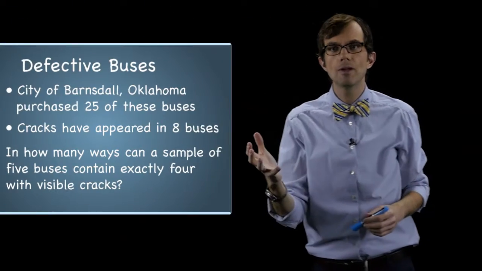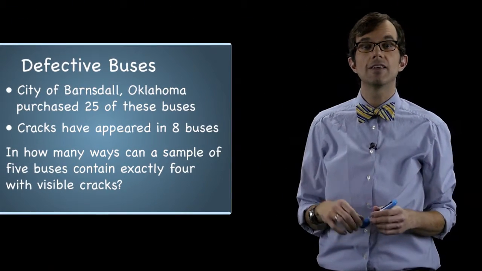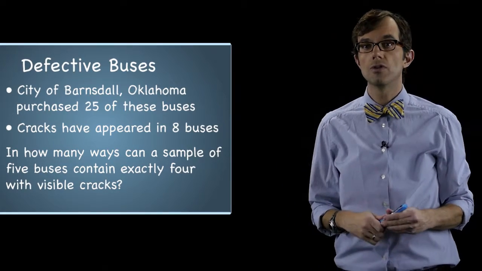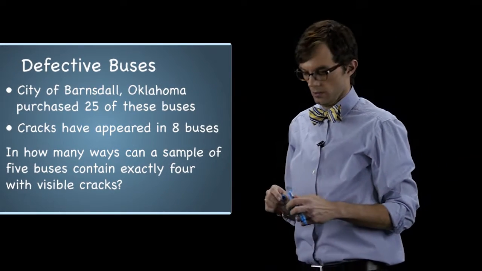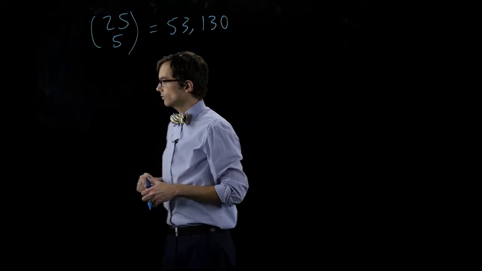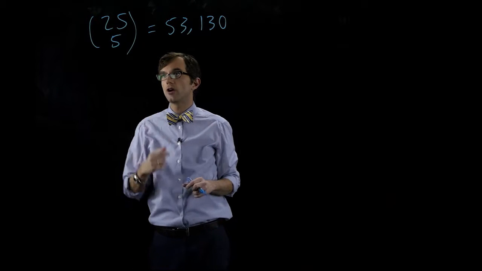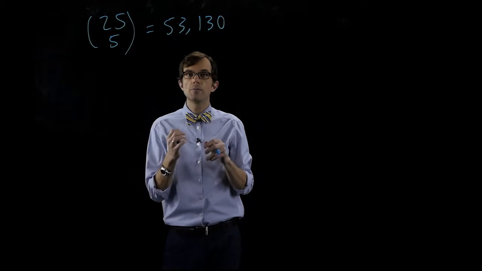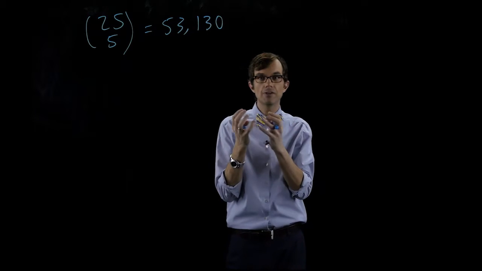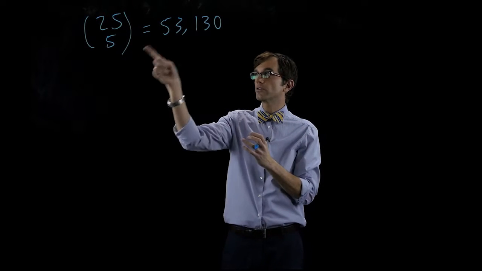Okay, and how many ways can a sample of 5 buses contain exactly 4 with visible cracks? Okay, so now we want to determine the number of ways that we can pick 4 buses of those that have cracks in our sample of 5.